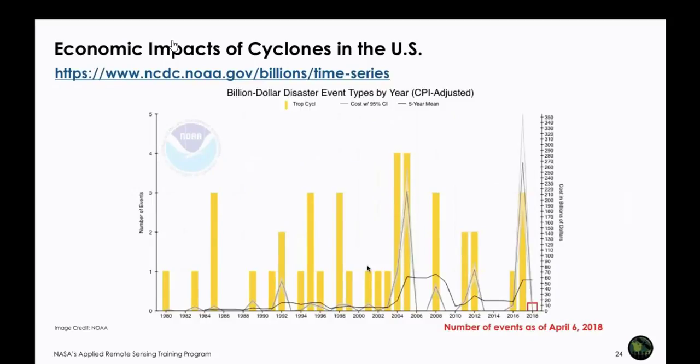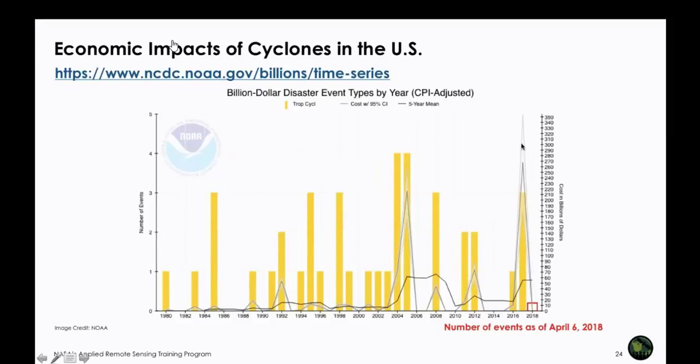Most of these storms, not only do deaths and damages occur, but they are very costly, as shown here for the US. This is again from NOAA, and what you can see is the number of events and the cost in billions of dollars. 2017 was one of the strongest years.